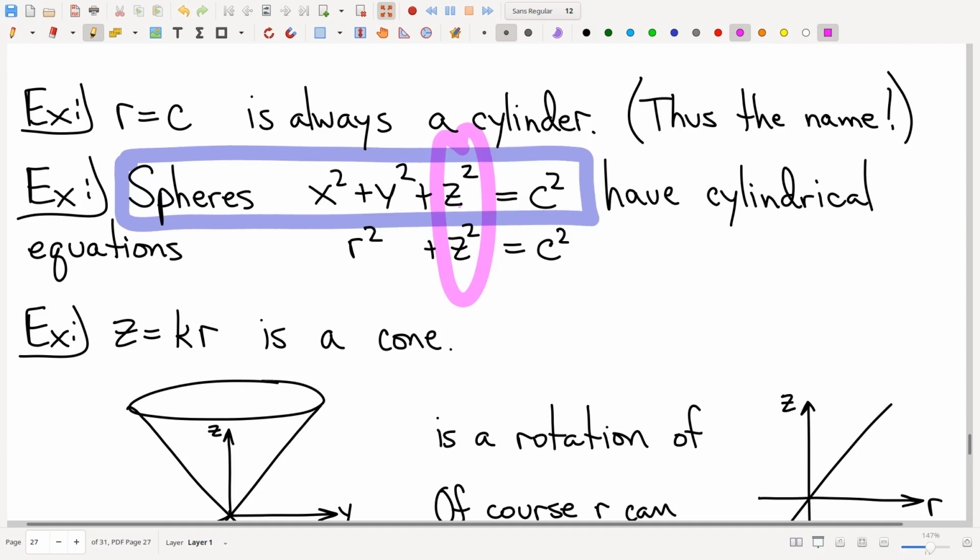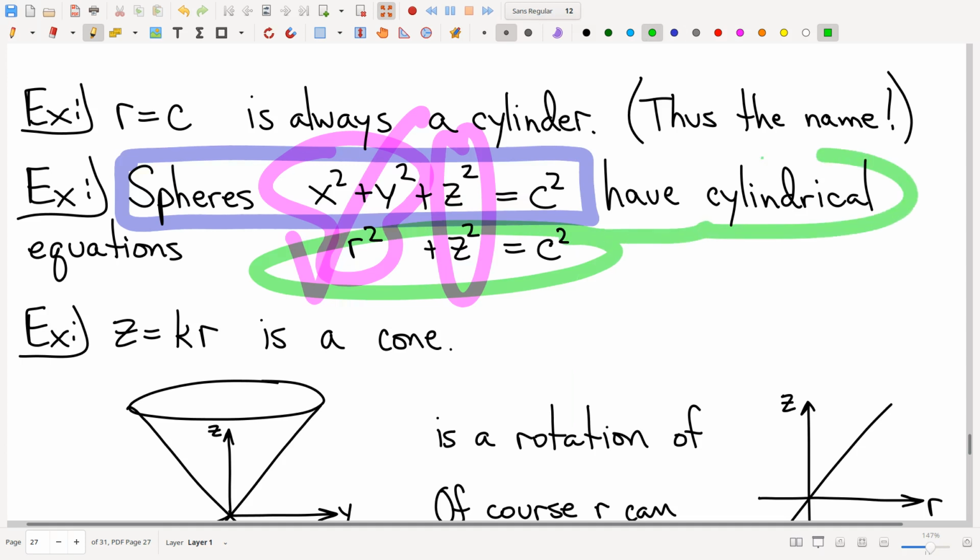X and y are not cylindrical coordinates. I've got to rewrite x and y in terms of r and theta. Now, again, you can plug in the trig, or you could just notice that that's, again, one of our conversion formulas between rectangular and polar. And thus, notice we have what you might call the cylindrical equation for a sphere.